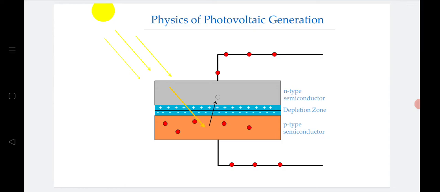In the p-type semiconductor, when light falls, many holes will be generated, and that will be recombined with the entire semiconductor. Due to that, there will be a change in the voltage generation. That change in voltage generation is nothing but your measured value.